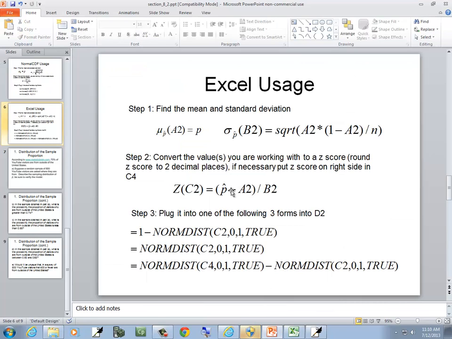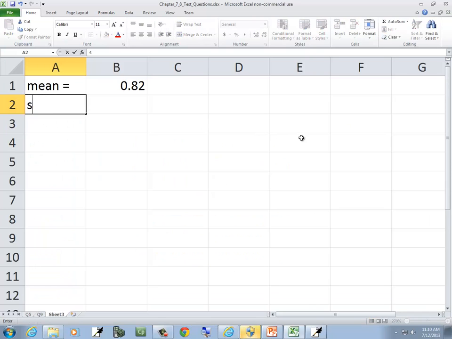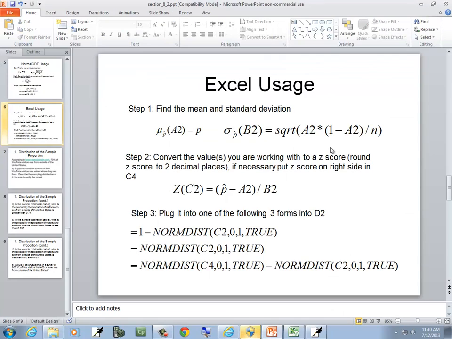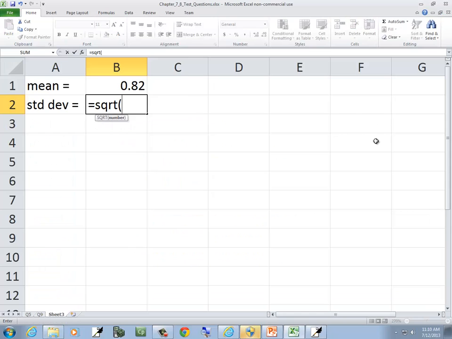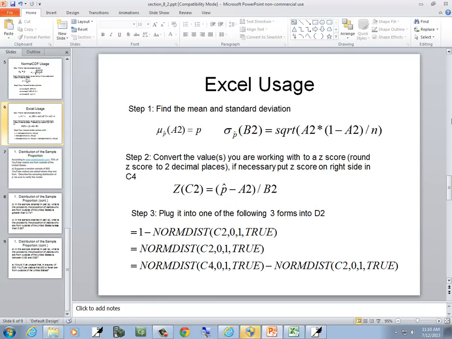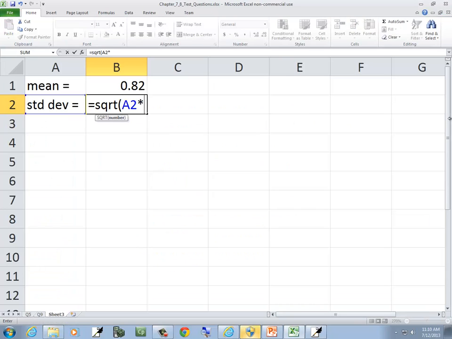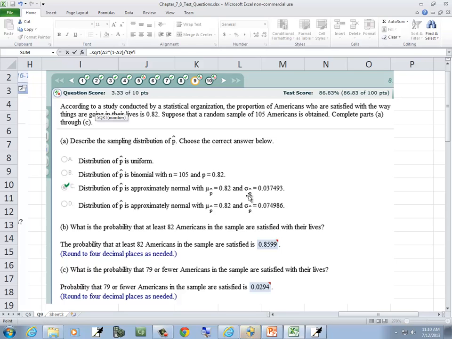Now our mean, mu sub p hat, we're going to put in B2. So here I got standard deviation equals, and then B2. I better not do equals yet. Okay, square root. So equals square root, beginning parentheses, and then A2 times, beginning parentheses 1 minus A2, close parentheses, divided by n, which was what was n? 105 Americans.